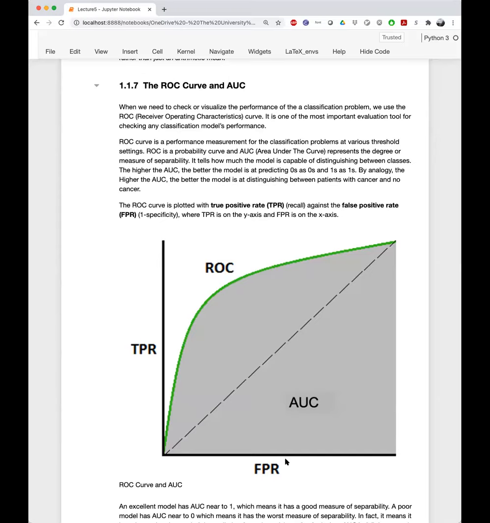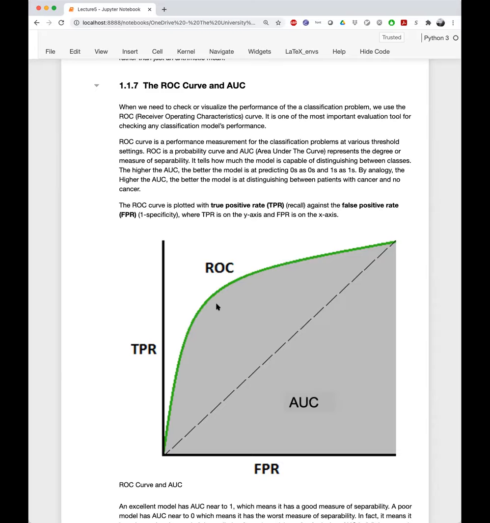The false positive rate is the false positive cases divided by the actual negatives, and it's also equal to 1 minus specificity. You can think about it as recall versus 1 minus specificity.